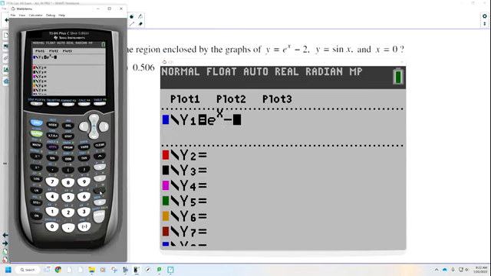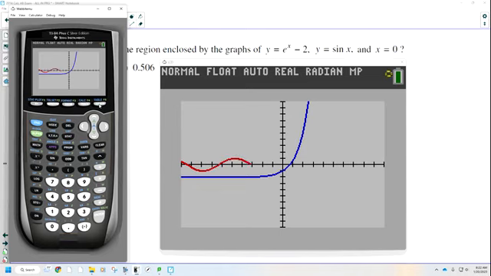And it looks like I'm going to have to zoom in a little bit because x equals 0 is the y-axis. So I want between, this is x equals 0, this line right here, and where they intersect. So I'm going to kind of zoom in. Zoom box. You know, this is an underused function.